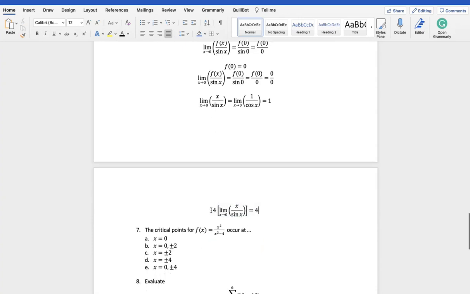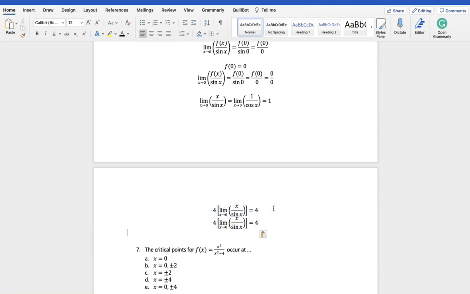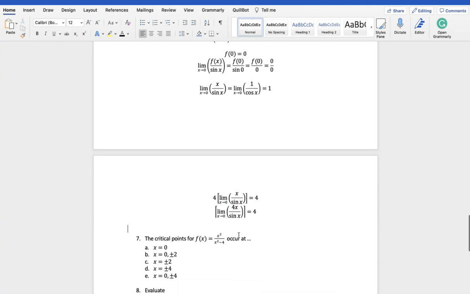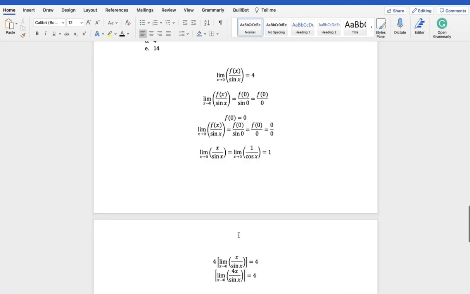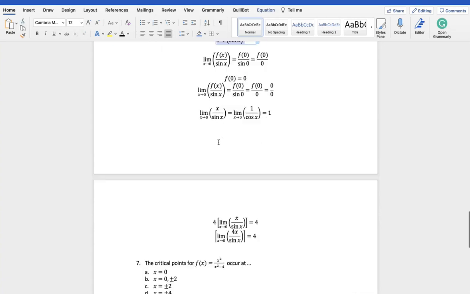And then, since 4 is a constant, it can come in and out of the limit, right? So if you take the 4 from outside and bring it inside to the numerator, then you have the limit as x tends to 0 of 4x over sine x.